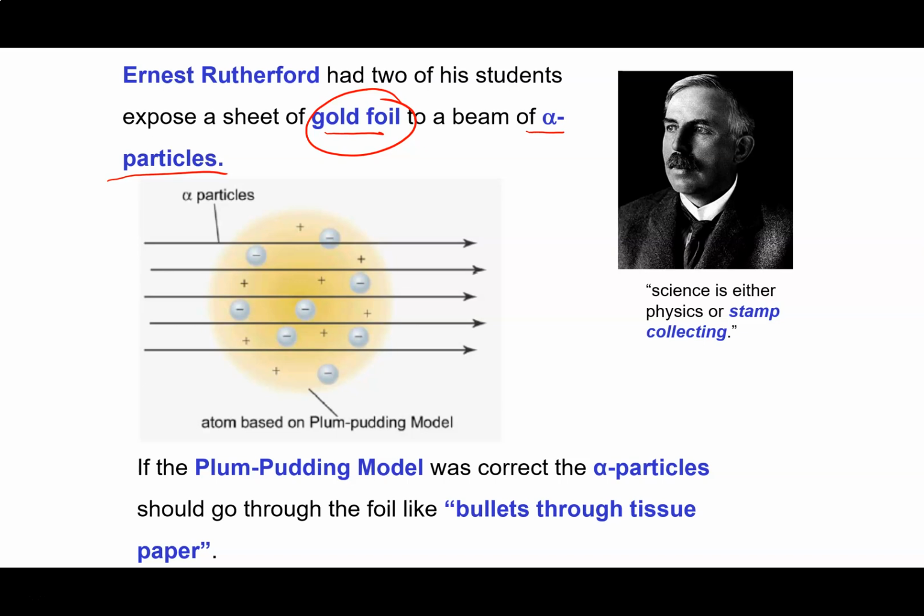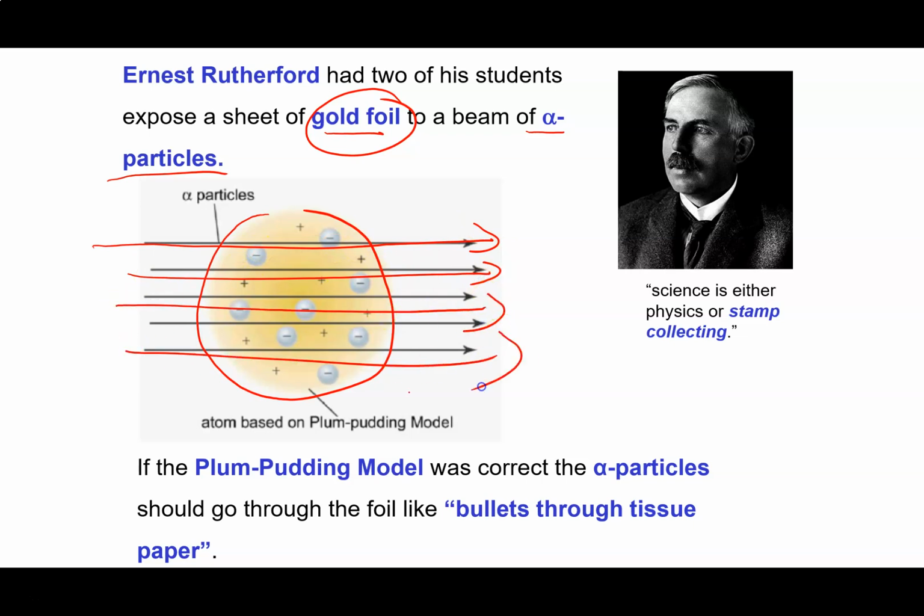What he was expecting was that if the plum pudding model was true, these alpha particles, because they were so heavy and moving so fast, would travel through the atom completely undeflected. If that was the case, it would be strong evidence that the plum pudding model was on the right track. It was said that the alpha particles should go through the foil like bullets through tissue paper.